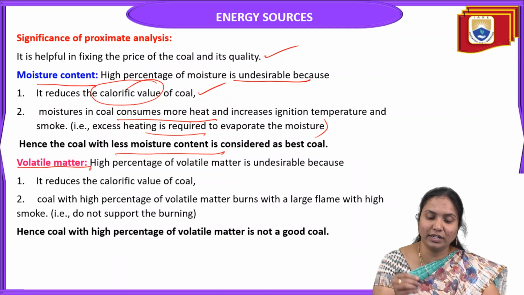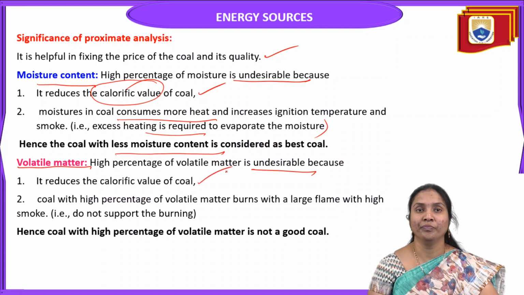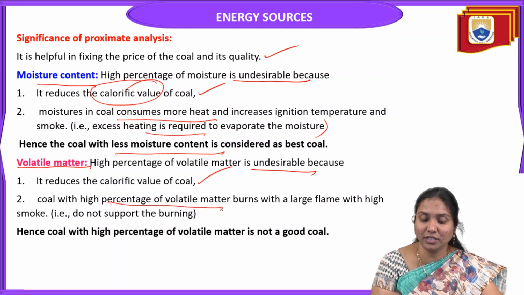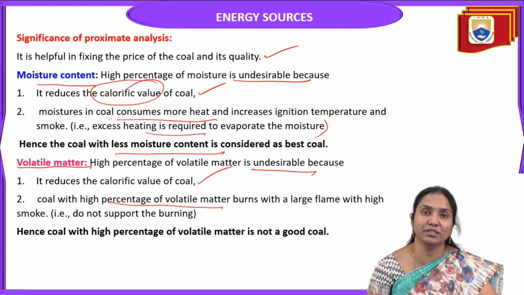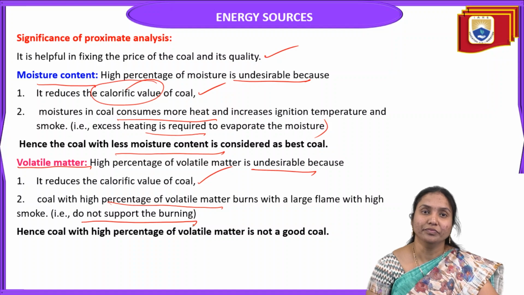And the next one is volatile matter. A high percentage of volatile matter is undesirable because it reduces the calorific value of coal. Coal with a high percentage of volatile matter burns with a large flame and high smoke, which does not support the burning.